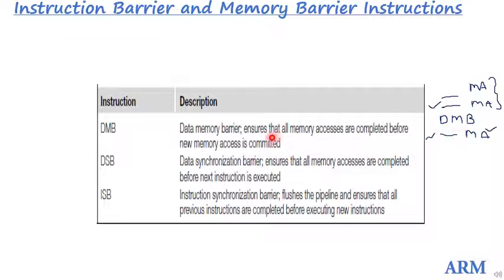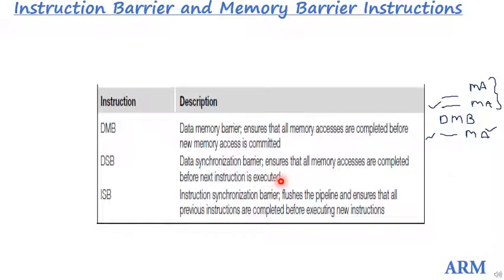Next is DSB. This is the mnemonic which stands for data synchronization barrier. This ensures that all memory accesses are completed before the next instruction is executed. If you read this, the description for the DMB instruction and DSB instruction seems to be the same.